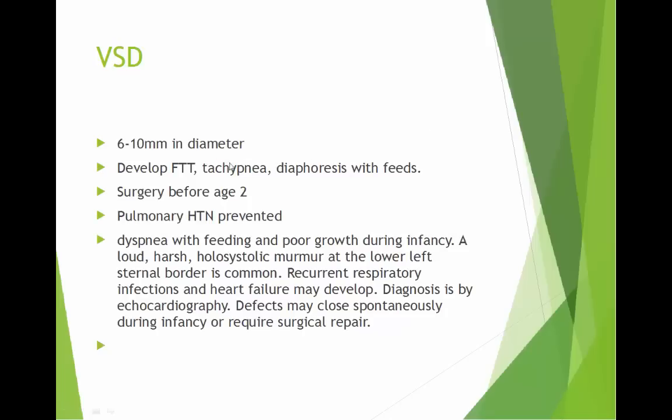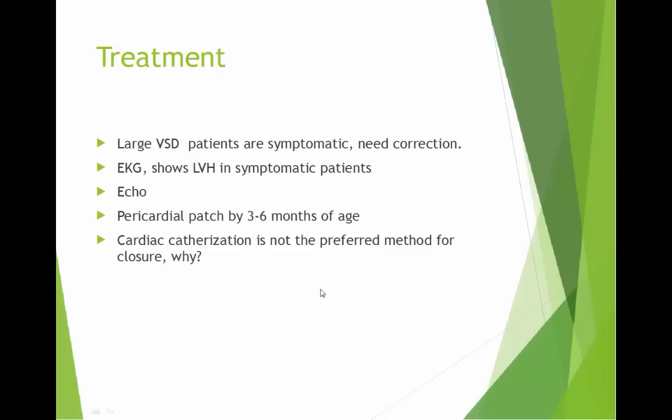Tachypnea, poor feeding, diaphoresis. If you're going to do surgery, try to do surgery before age 2 years old to prevent pulmonary hypertension. And again, these are the symptoms that patients might present with. If it's large and symptomatic, surgical repair, and control the symptoms beforehand with diuresis, digoxin, and ACE inhibitors.